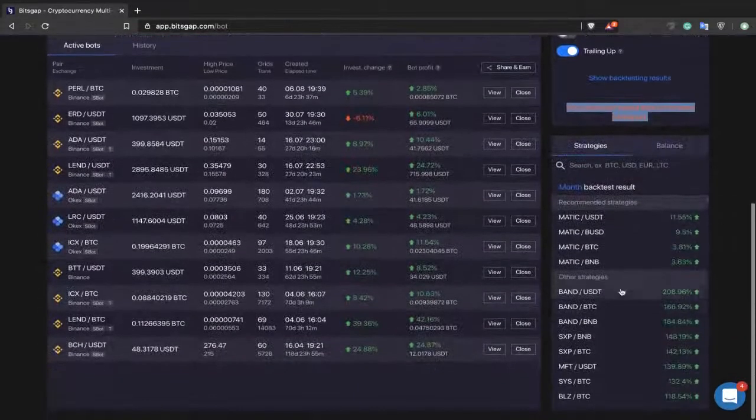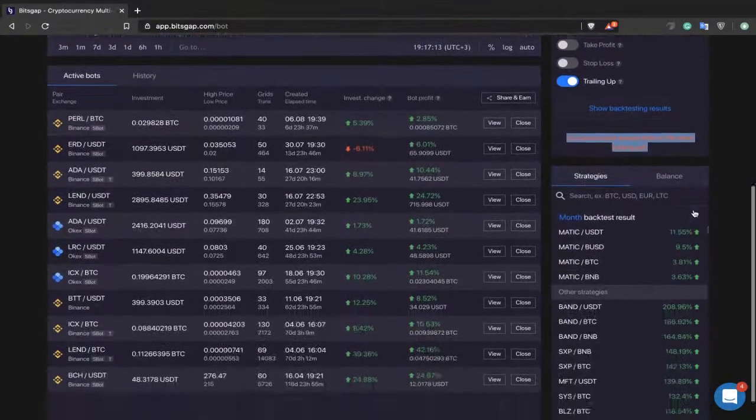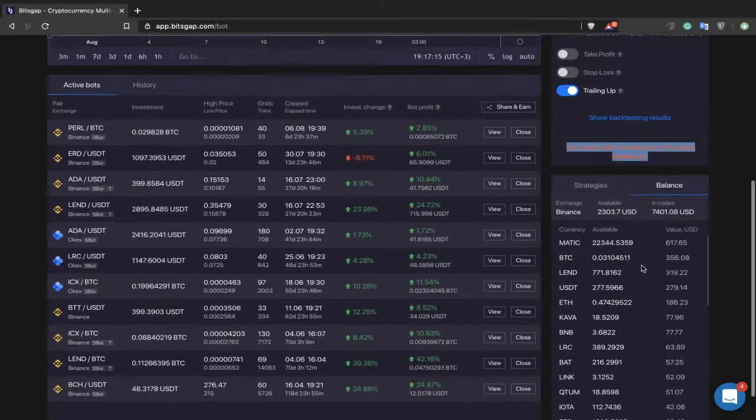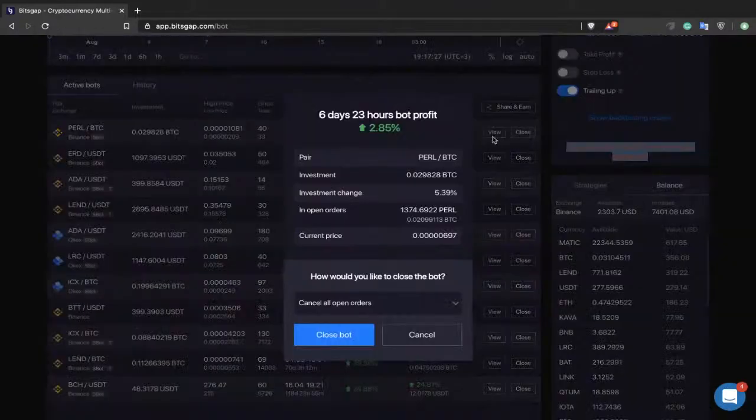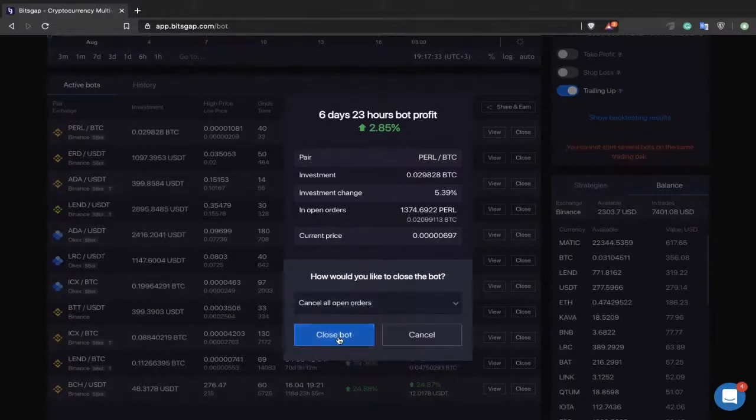So let's switch to maybe another one which I don't have. But before that, let's check the balance, and you see it looks like I don't have enough of the USDT and Bitcoin, so I will get rid of some trades. Maybe this one, let's close it right now. Yeah, I will also later explain what the options are to close the bot, but as of now, let's just close it.